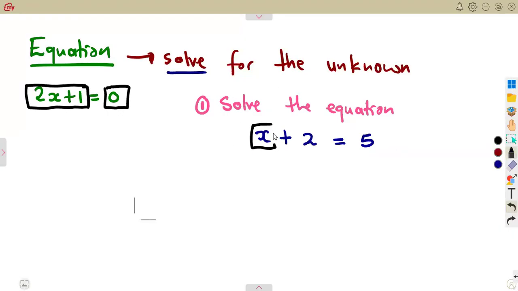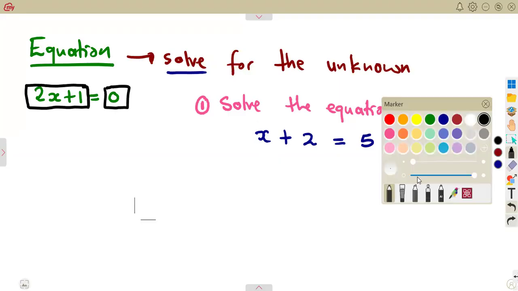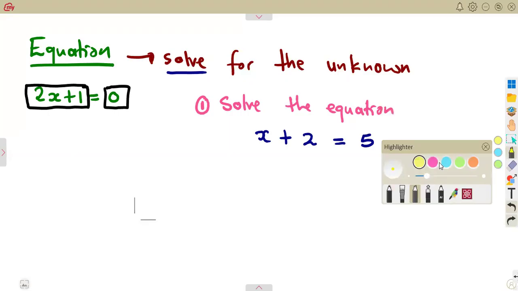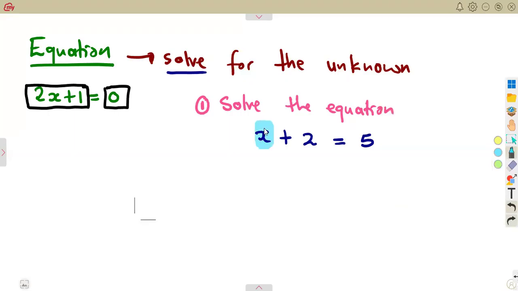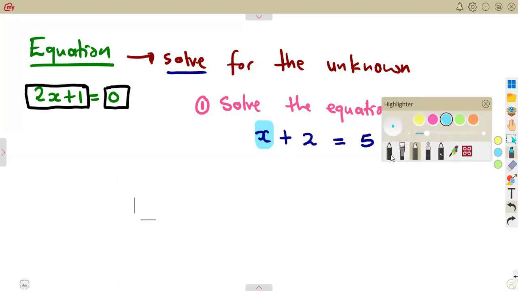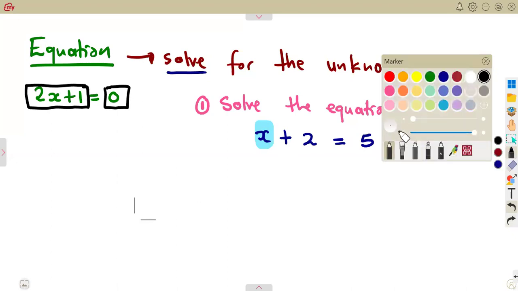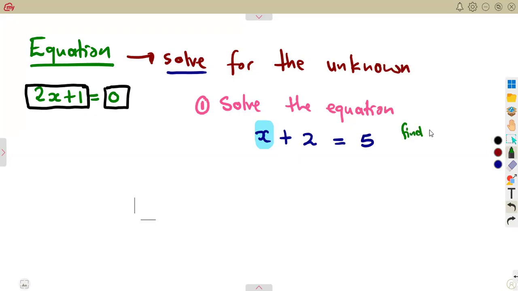This is the unknown value that we have in our equation, and this is the one that we want to find. To solve for x, you must find the value of x.